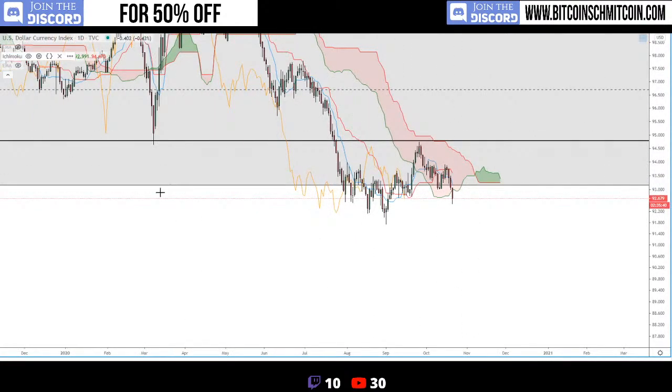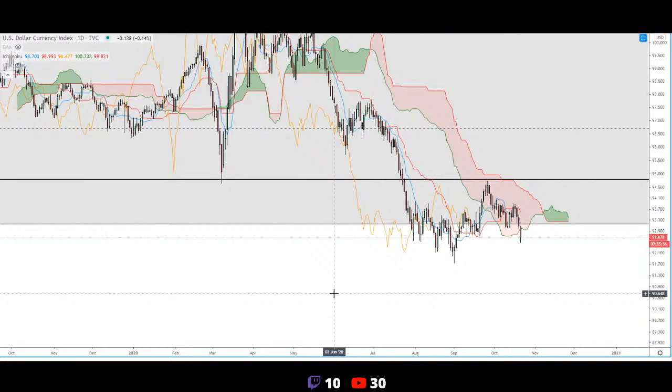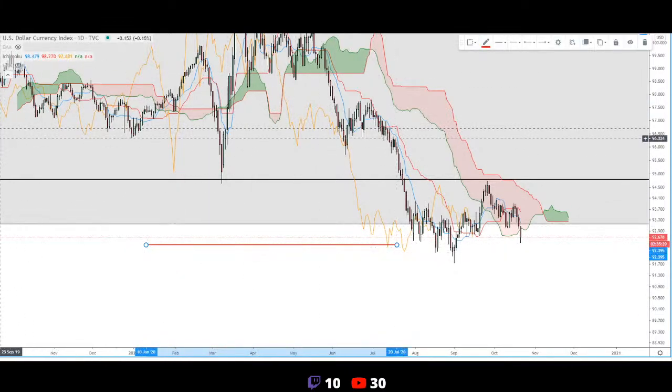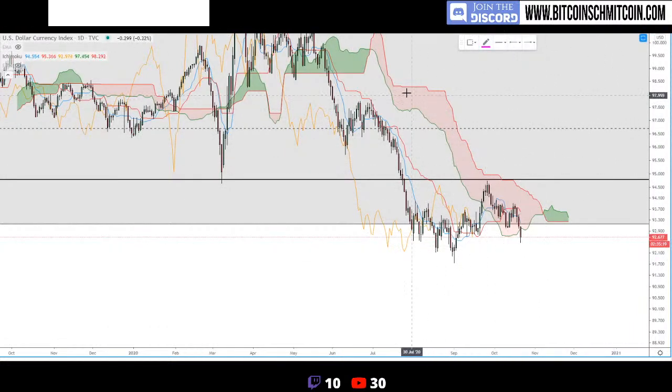And the cloud is this nebulous support or resistance zone. Typical support and resistance is maybe a horizontal line, or sometimes a horizontal zone. What's nice about the cloud is it changes with the market trend. So all of this is resistance, not just a horizontal, but this whole band is resistance.